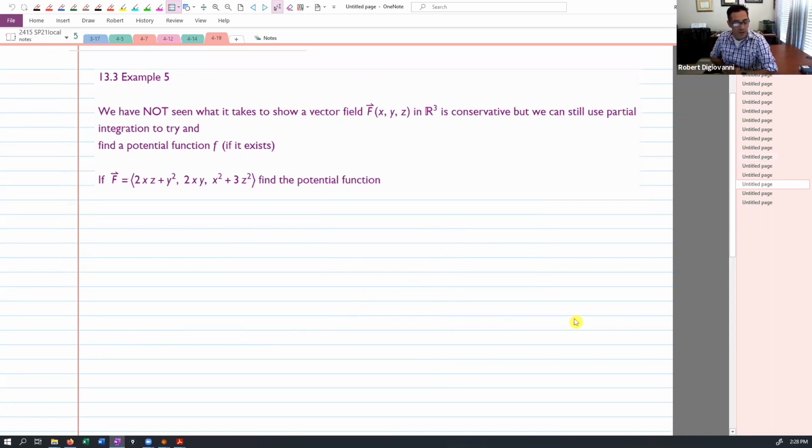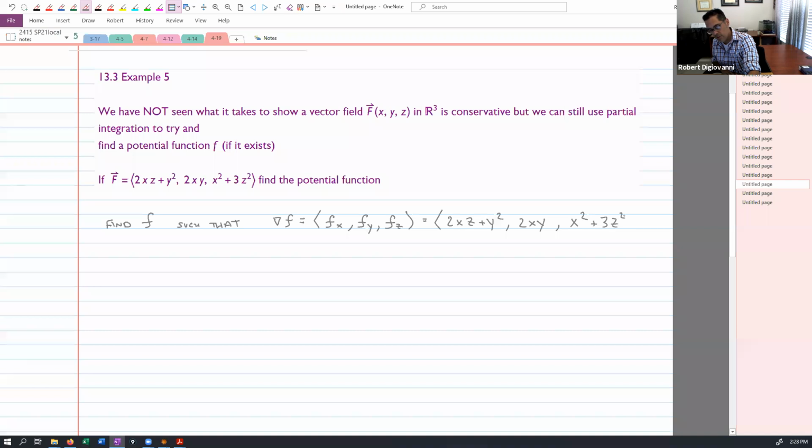So if I give you this vector field and say, find the potential function, then you would say, all right, I need to find little f such that the gradient of little f, which is the partial of f with respect to x, partial of f with respect to y, and now a partial of f with respect to z because it has 3 variables, must equal this: 2xz plus y squared, 2xy, x squared plus 3z squared.